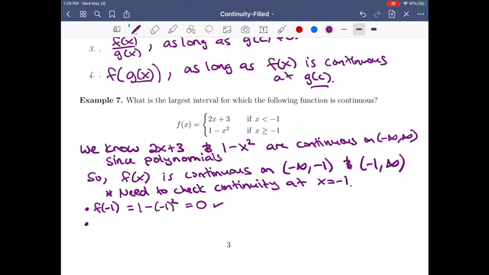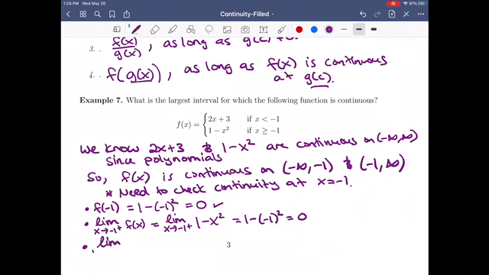Now to do the limit, I actually have to look at the left and right hand limits. Let's do the right hand limit first. When I'm approaching from the right, it means that I'm slightly bigger than -1, so I'm going to use the formula 1 minus x squared. Because this is a polynomial, this limit is the function evaluated at -1, so it's 1 minus -1 squared, which is 0.